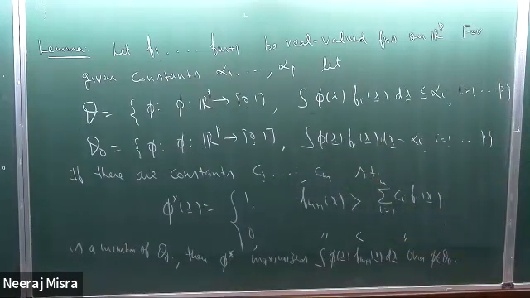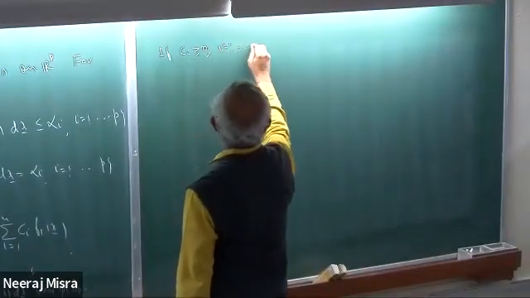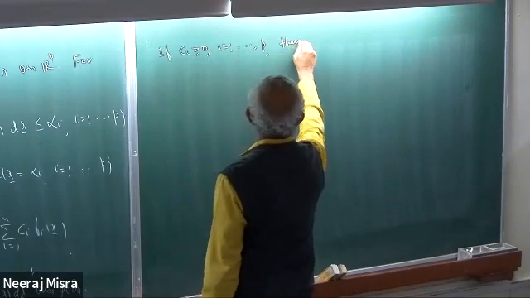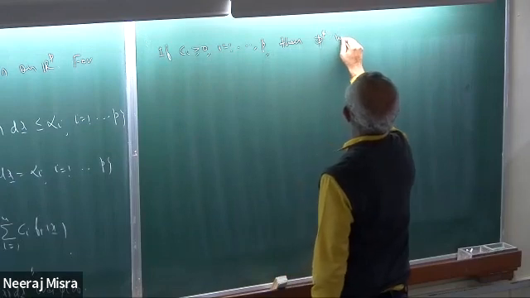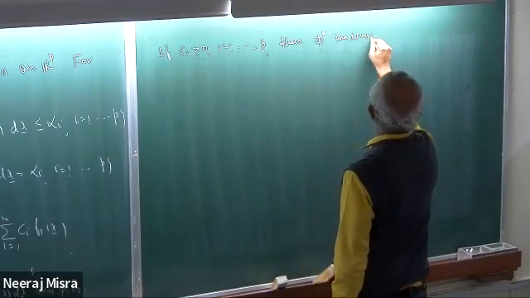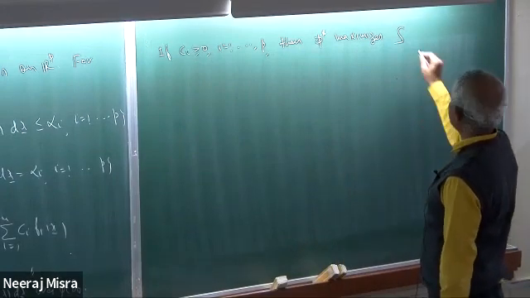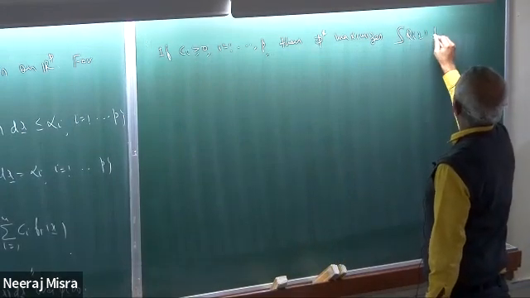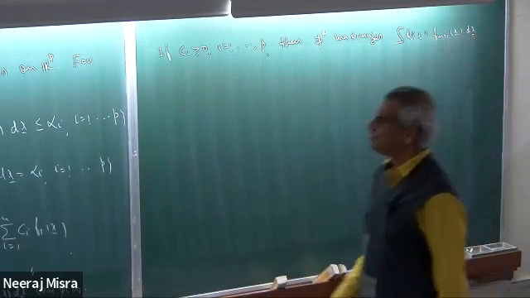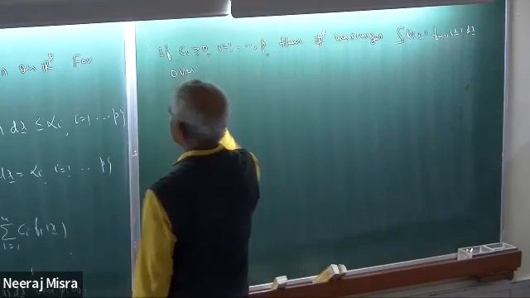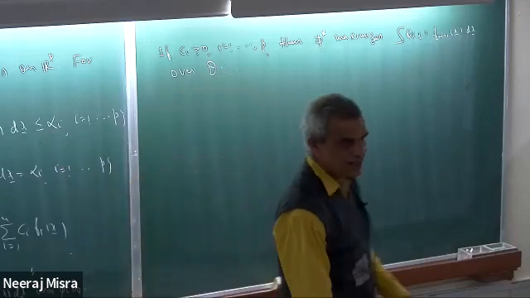So if c_i's are greater than or equal to 0, then phi star maximizes integral over phi x f_{m+1}(x) dx over D, over a larger class.